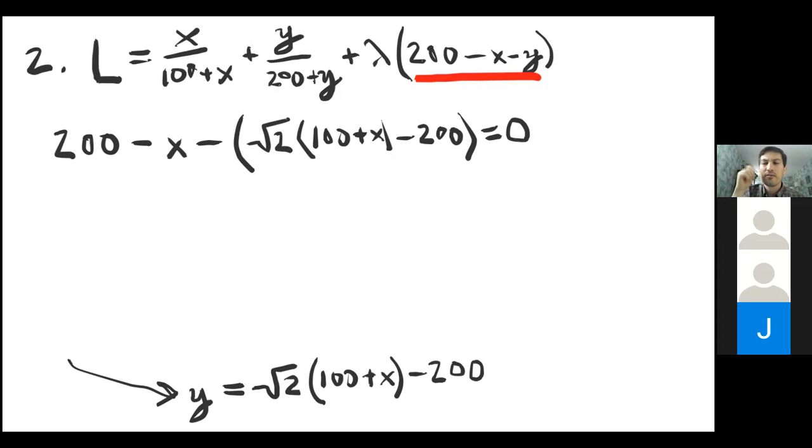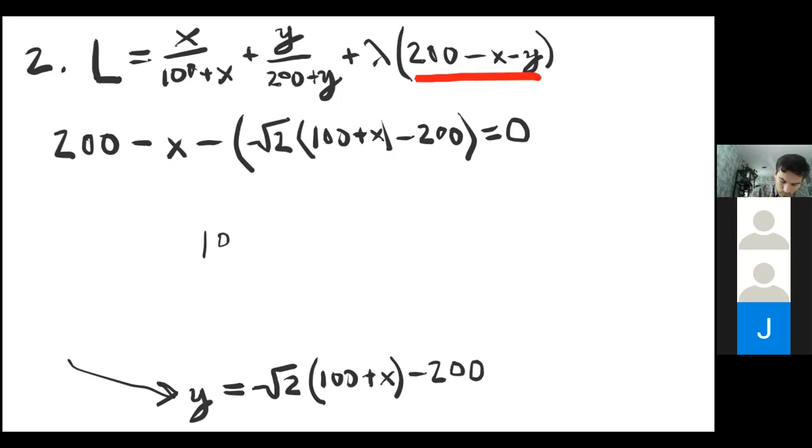Sorry, I tried to give you this hint at the end of last class that leaving it squared will help. It will, and it should. I think I was a little confused because my lambdas canceled out initially because I did the FOC1 and FOC2. My FOC1 was 100 over x plus 100 squared minus lambda equals 0.